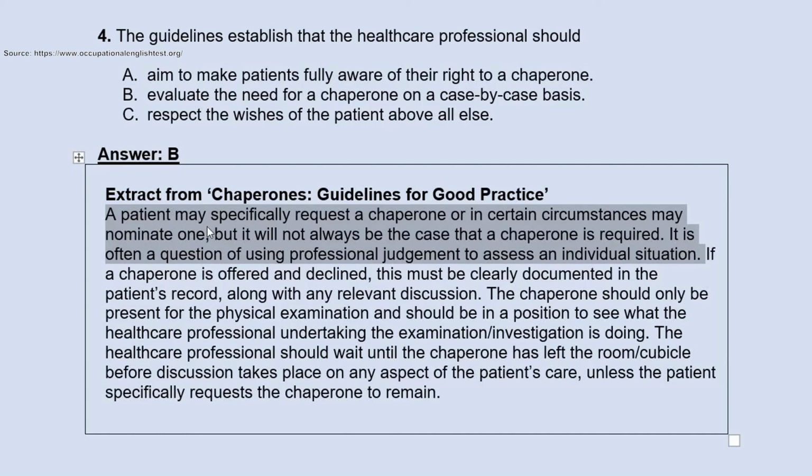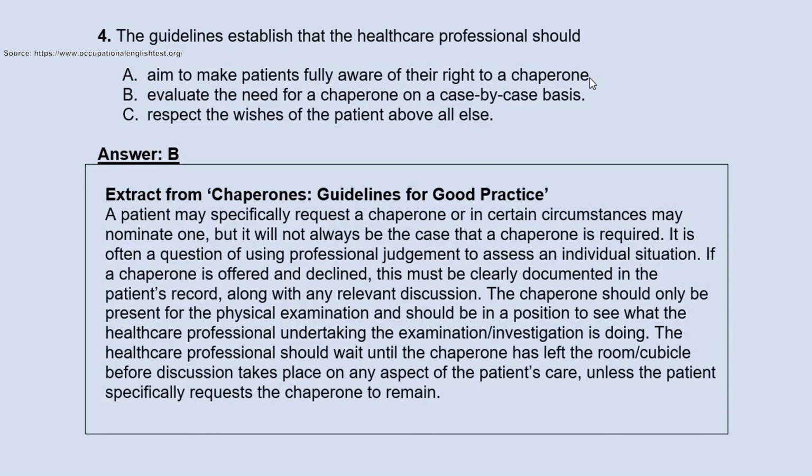And that is the same idea which can be seen in option B, and that's why it is the right option. Now let's deal with two wrong options, which are A and C. A says, aim to make patients fully aware of their right to a chaperone. No, this cannot be the answer because the healthcare professional decides whether or not a chaperone is needed. It is not the right of the patient.